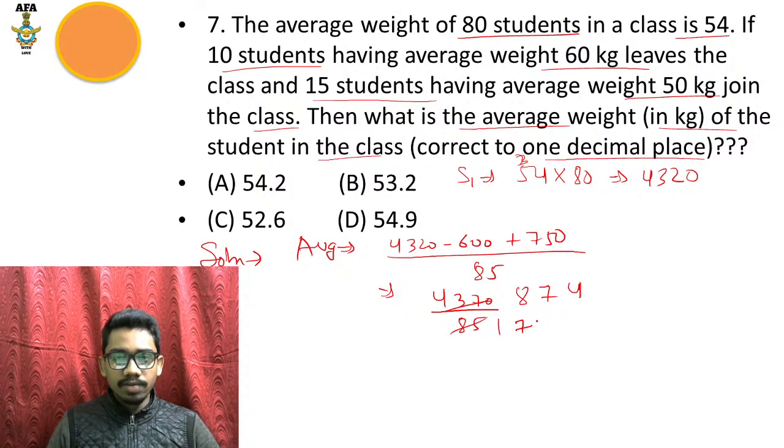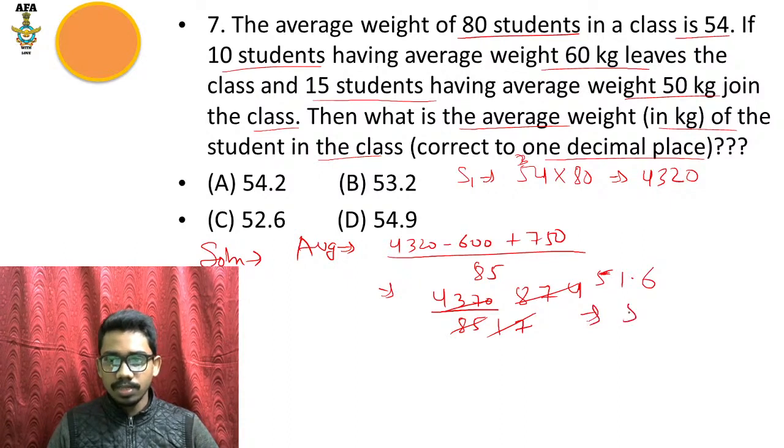Then we will divide the values. 17 fives are 85, and this will be 24. 17 ones are 17, and 70.